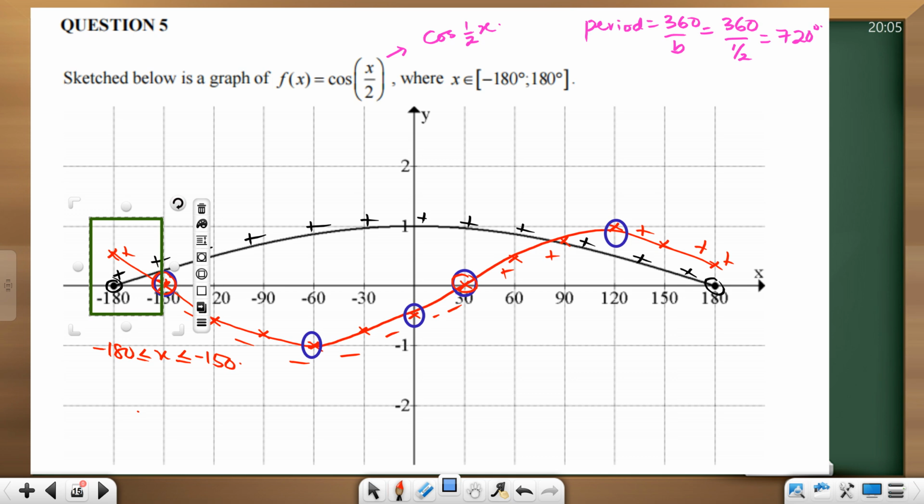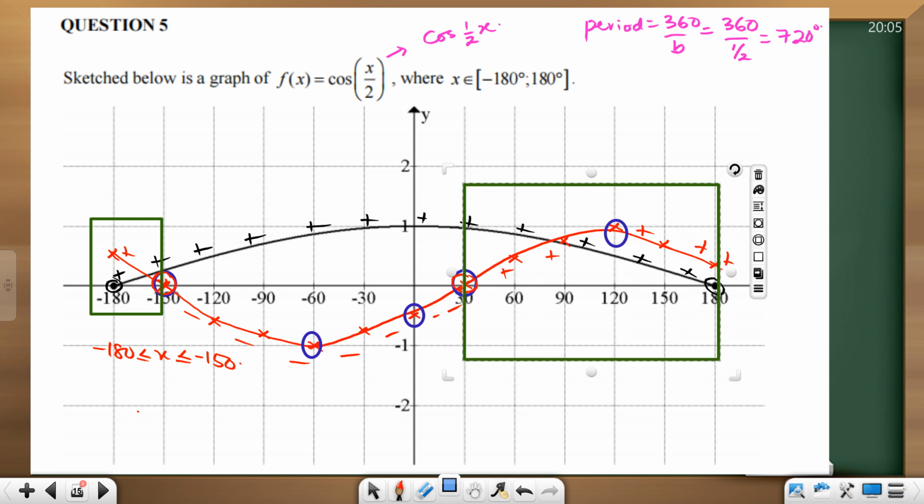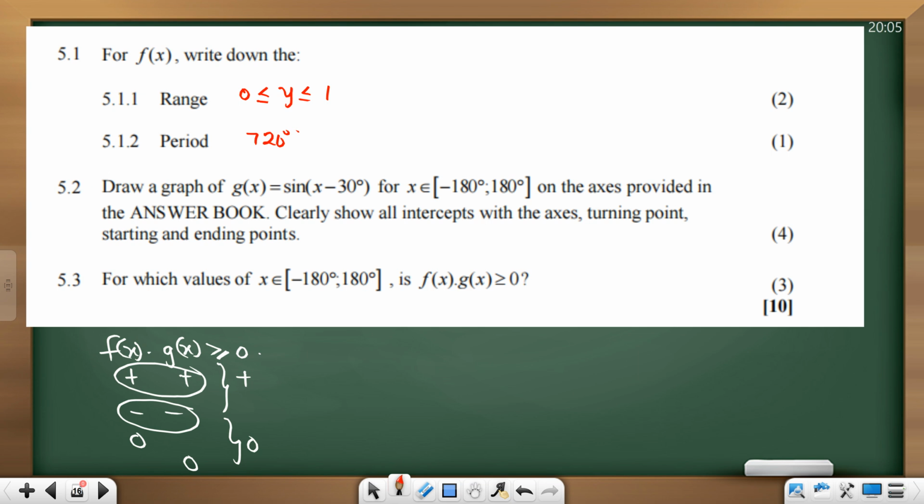Okay. Where else? Check. Between? All right, so what's my answer there? 30 less than or equal to x less than or equal to? Game over. How many marks is this? Total question? 10.